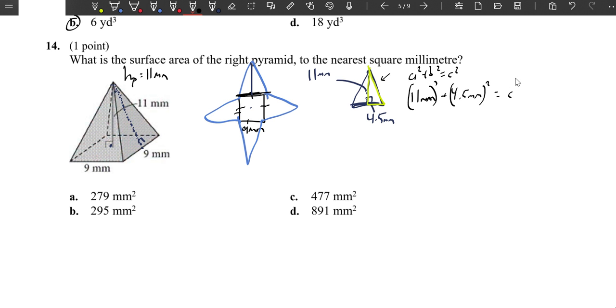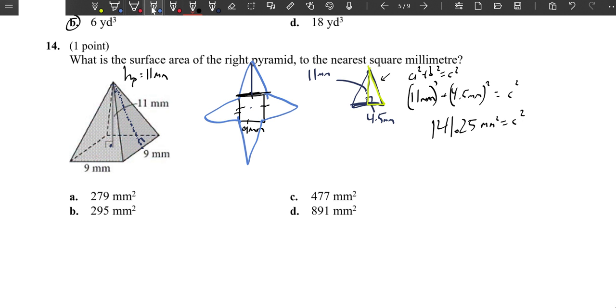So if I take 11 squared, that's 121. If I take 4.5 squared, that's what, a bit less than 20. Add them together, I get 141.25 square millimeters equals c squared.